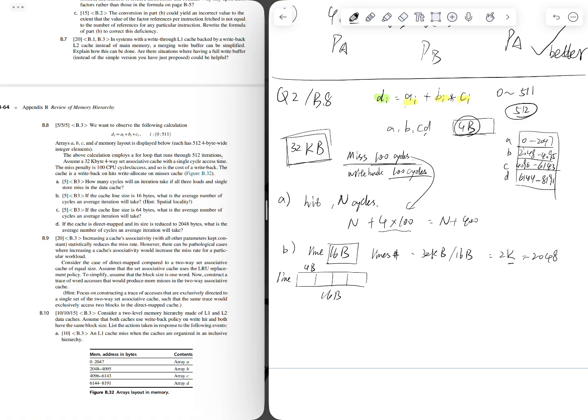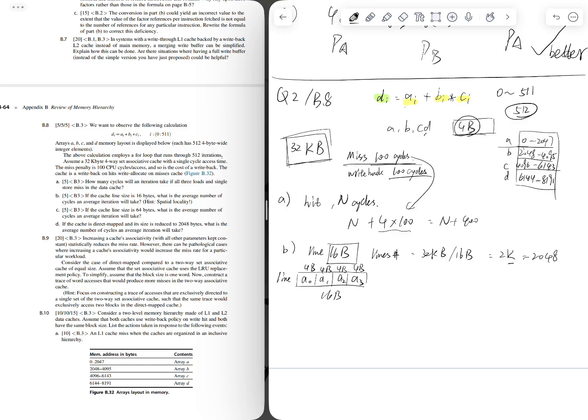For example, for the A array, we can have A0, A1, A2, A3, because they are all 4 bytes. Each word is 4 bytes and the line is 16 bytes, so we can put 4 words in one line.